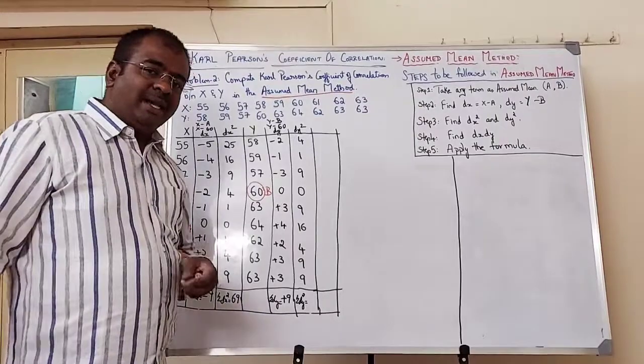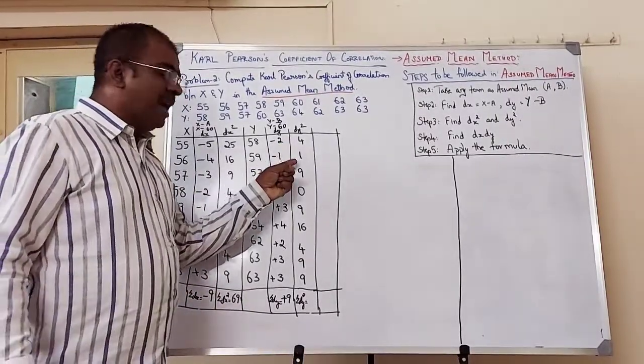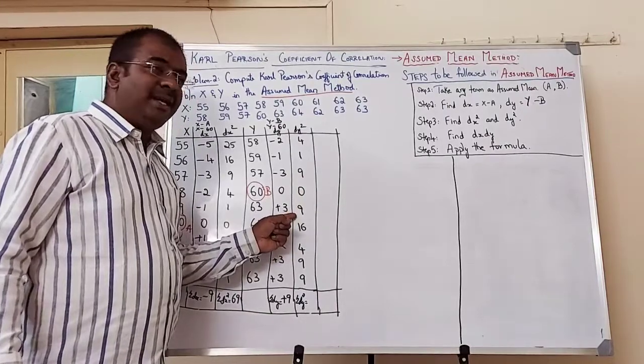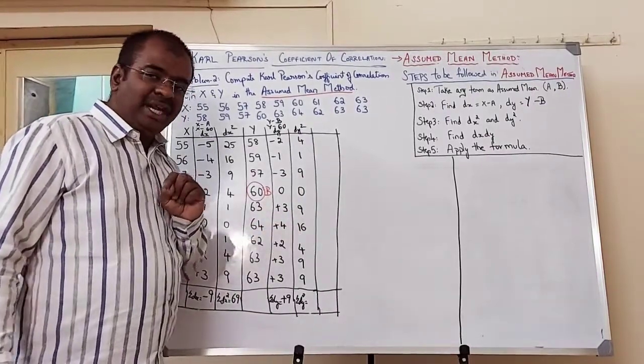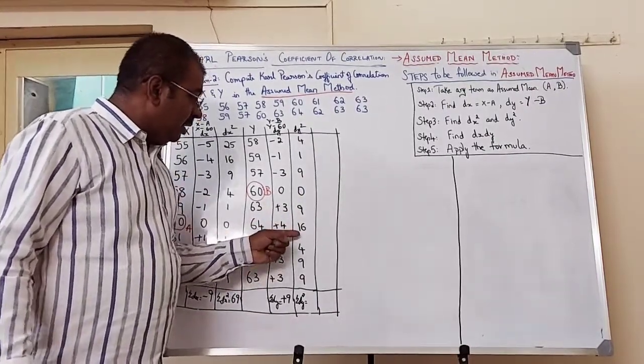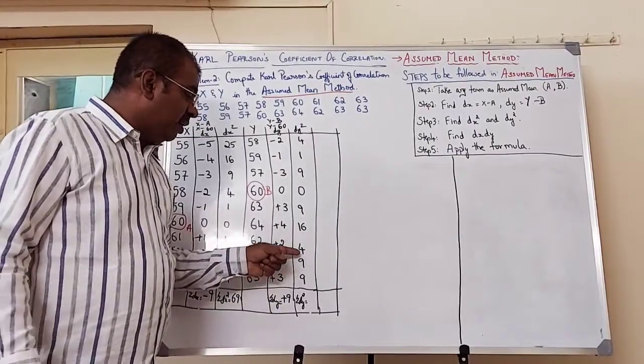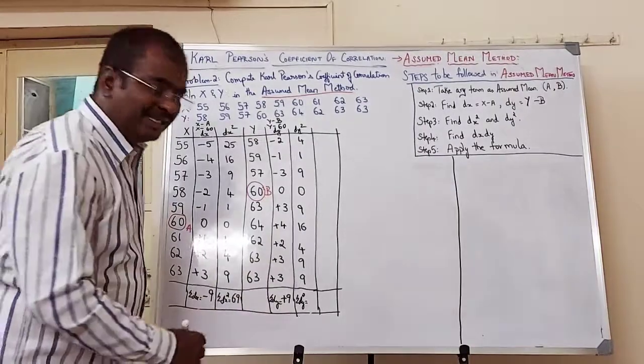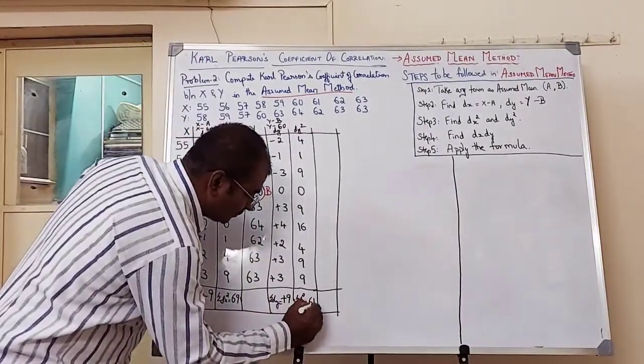Sigma dy square is equal to 4 plus 1 is 5, 5 plus 9 is 14, 14 plus 9 is 23, 23 plus 16 is 39, 39 plus 4 is 43, 43 plus 9 is 52, 52 plus 9 is 61.